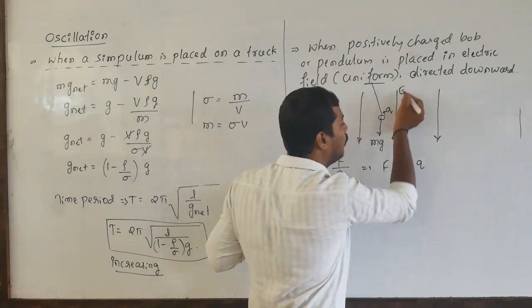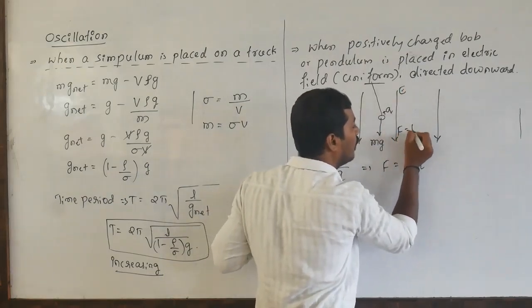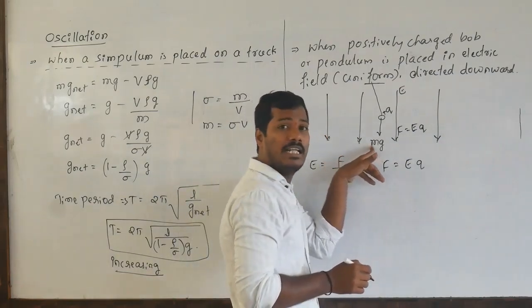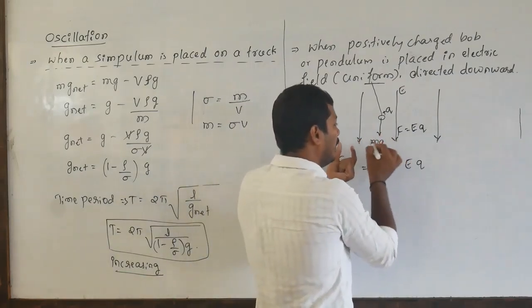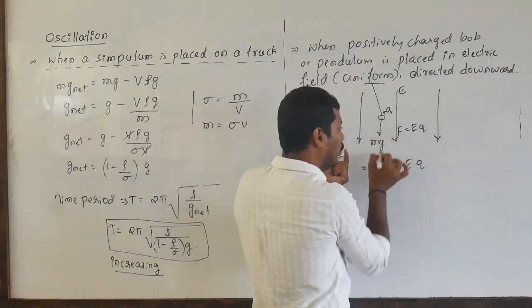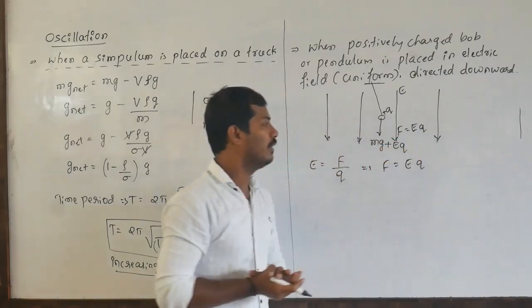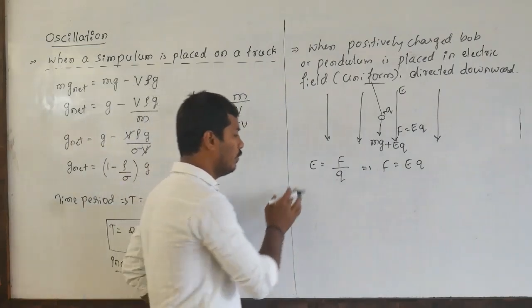The other force is mg. The total force in the downward direction is mg plus E into Q.